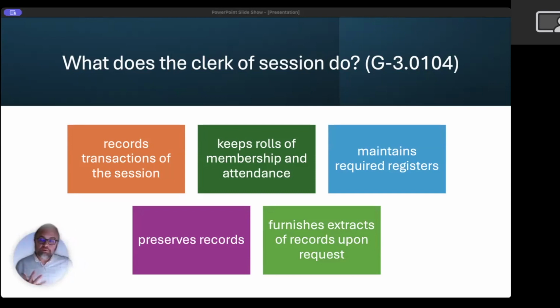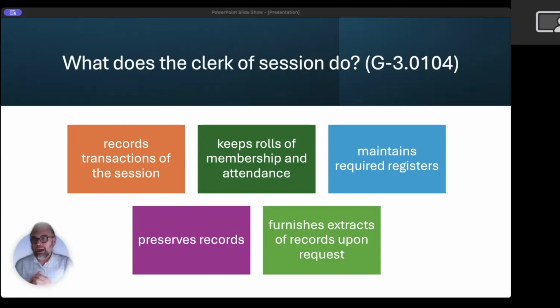The fifth thing that the Book of Order says clerks do is that you are responsible for furnishing extracts of these records upon request. This is the thing I'm going to go ahead and say a word about now. This is probably the thing you will do the least, because you'll do this once a year when you bring your minutes to the presbytery for review and submit the statistical report.